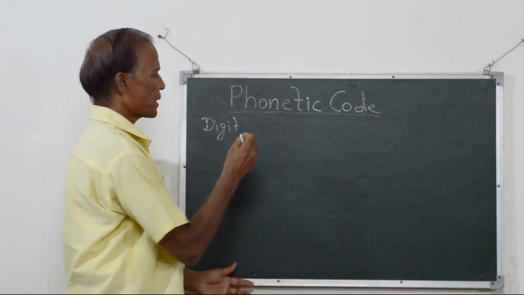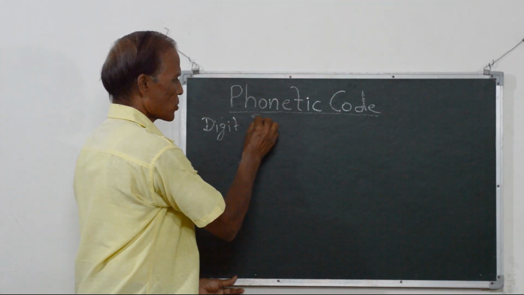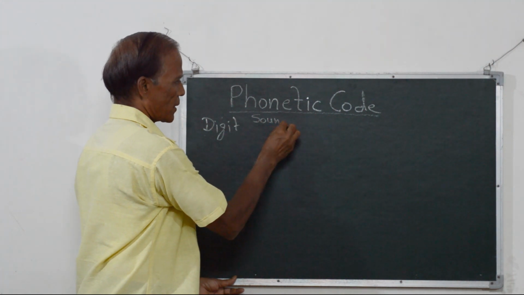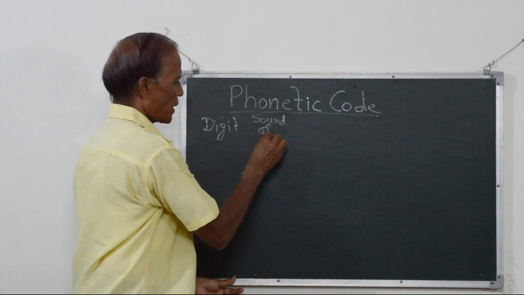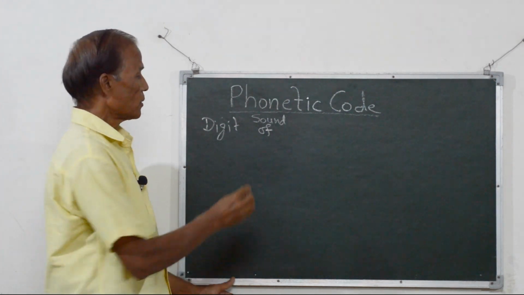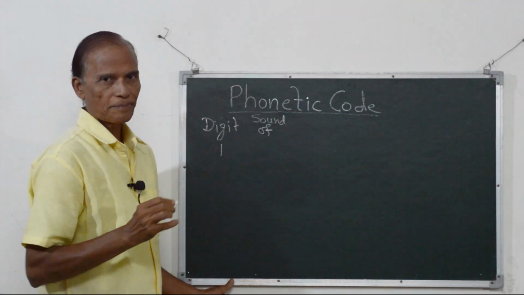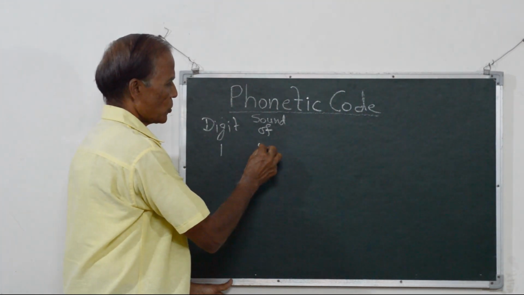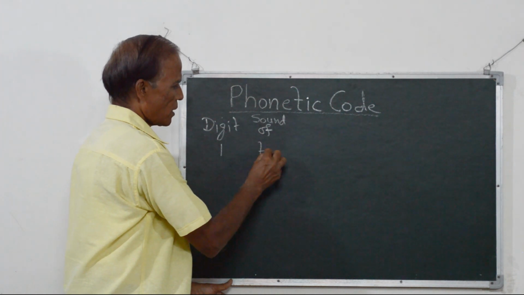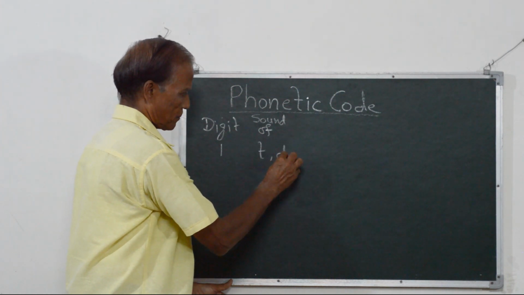And what letter is used? Actually, that is the sound of that letter. So I will write here, sound of. For 1, we use the sound of T or D.